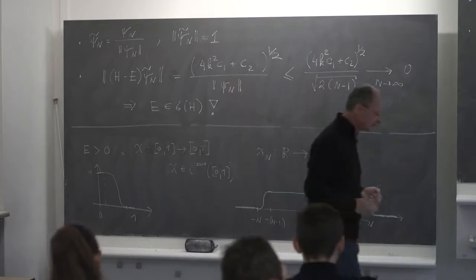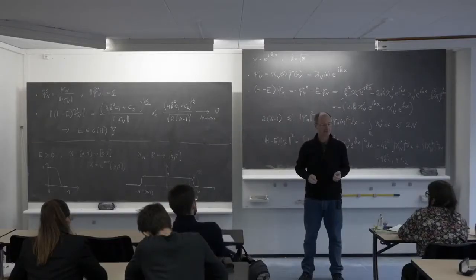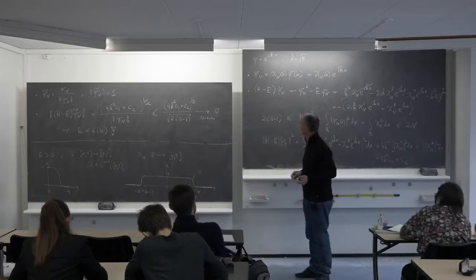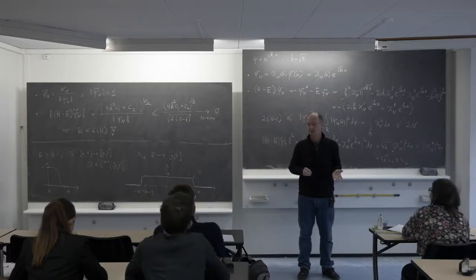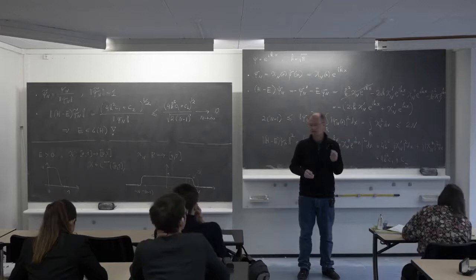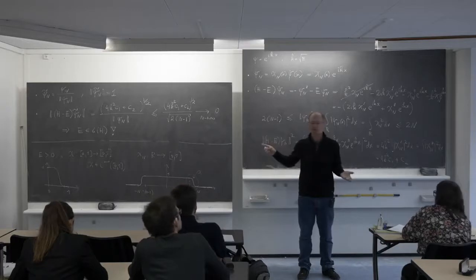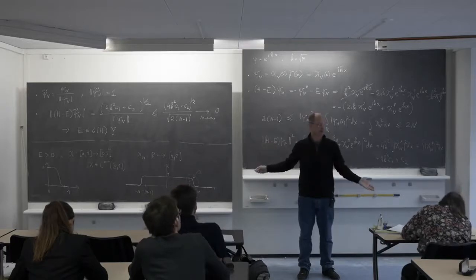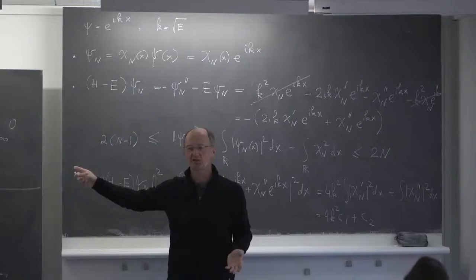In fact, one of the exercises, I think that's a homework for next Monday, lets you discover what happens for E equal to 0 and for E less than 0. In particular, an important question is as follows, right? For E less than 0, this shouldn't work, right? We don't want E less than 0 to be in the spectrum because it is not in the spectrum. It would be really bad if it worked the same way.